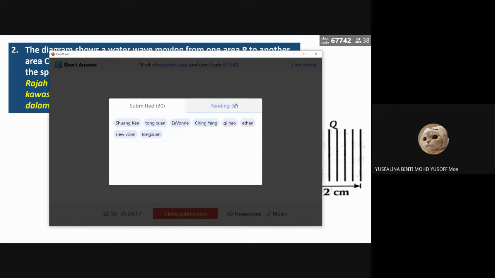I also submit. So means only Shuangqi, Qingyang, Ethan, Qihao, and Yvonne, I think. Plus 4 more. Yvonne, Qingyang, Qihao, Ethan.